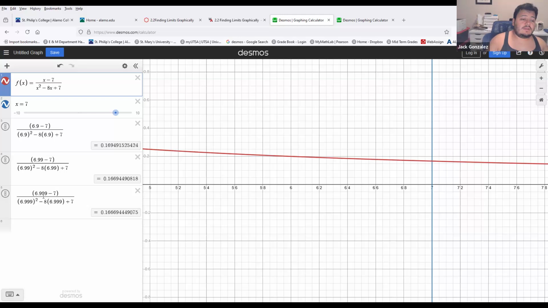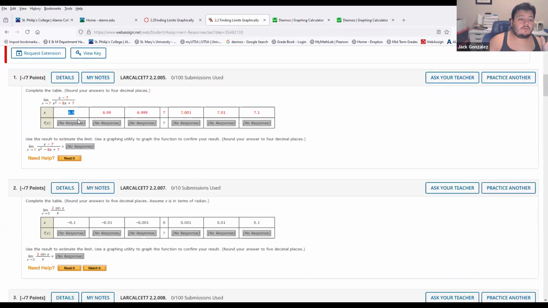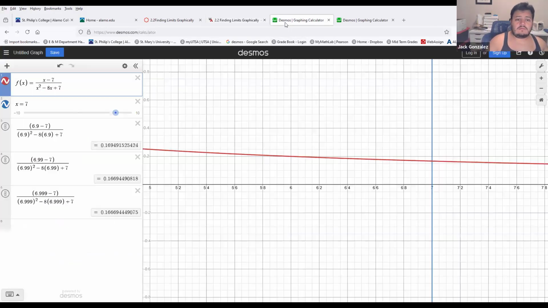Plug in 6.999, I'm even closer to 7, I get this. So basically, we're trying to figure out what the function is doing as I get closer and closer to 7 from the left. And then you do it for the right side, closer and closer to 7 from the right. And you're going to get 1.66. So just plug them into your calculator. That's all.